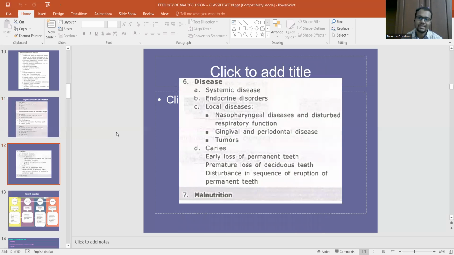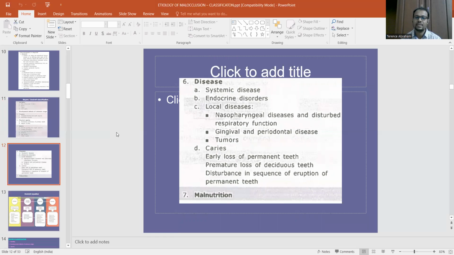Then various diseases, like systemic diseases, syphilis, measles, mumps, all these have dental manifestations, endocrine disturbances, various local diseases like nasopharyngeal diseases, abnormal respiratory function, which can cause mouth breathing, periodontal and gingival diseases, various tumors. These are the various local diseases which can cause malocclusions.